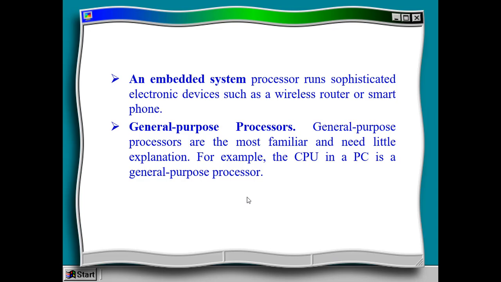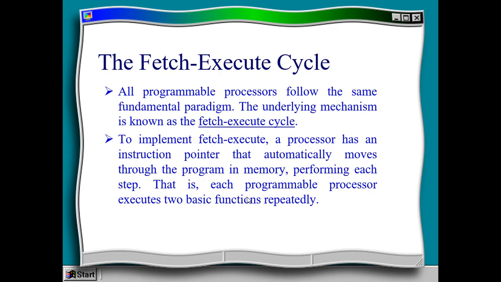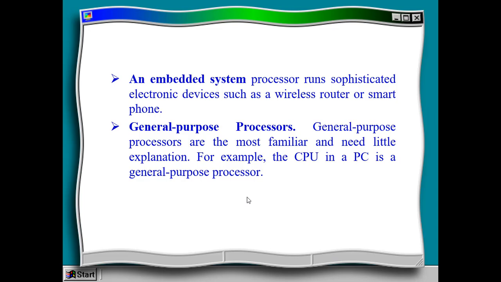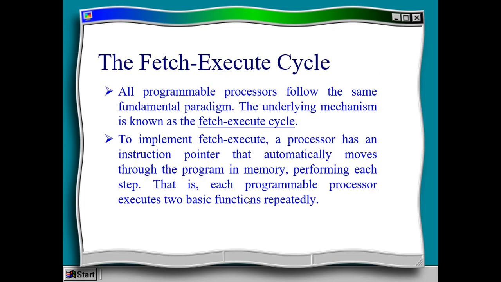For example, the CPU in the PC is general purpose. So that's generally what we can summarize about the structure and how the CPU looks.